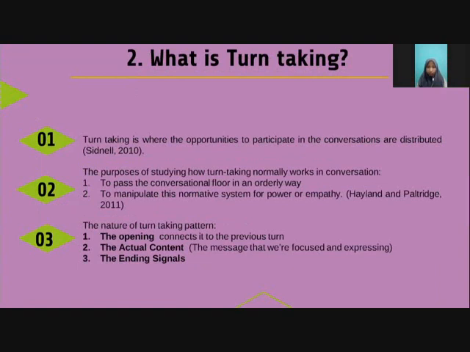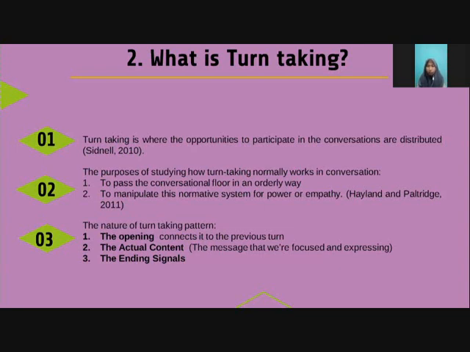Okay, next is what is turn-taking. We have to understand what turn-taking is. According to Safnil, 2010, turn-taking is where the opportunities to participate in the conversation are distributed. In the conversation, we exchange our ideas, but the frequency of one speaker to another in taking the conversation is sometimes equal, sometimes not equal.